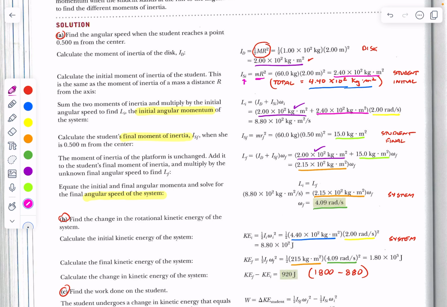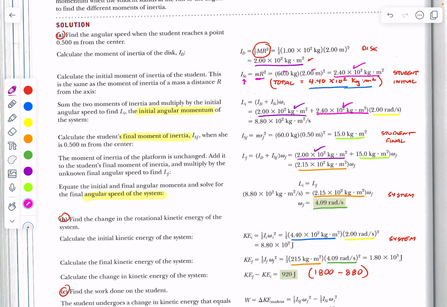And so here's the student's mass and the student's distance. They're at the edge of the disk, the merry-go-round, or whatever you want to call that. And so we get the student's rotational inertia, 240 kilogram meters squared. And you're going to need that value again right there.